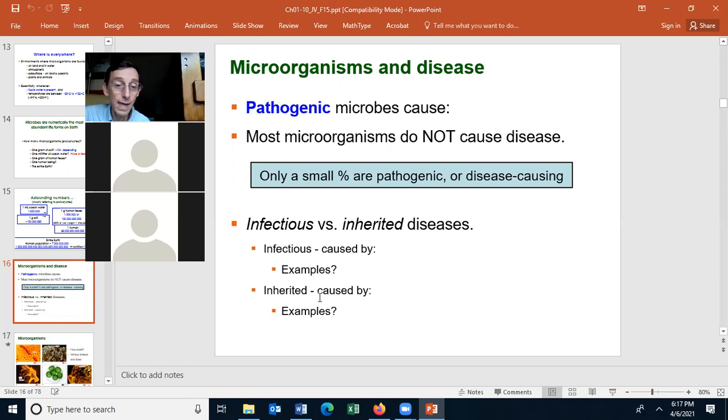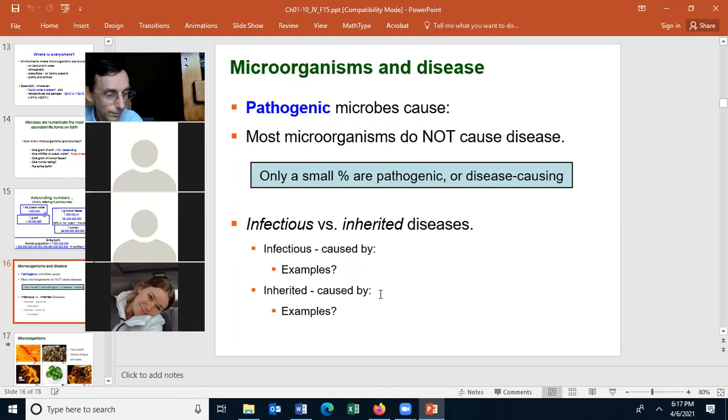Okay, can anyone name an inherited disease caused by a person's genes? Would that have anything to do with autoimmune disorders? It could. Not all autoimmune diseases are inherited. Down syndrome is definitely an inherited disease.